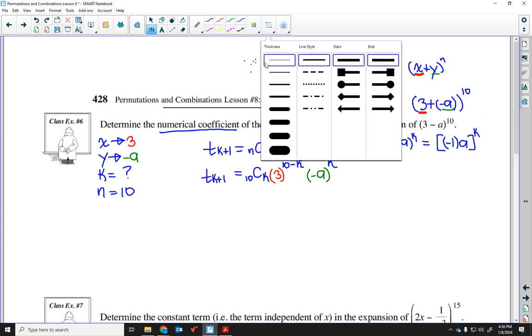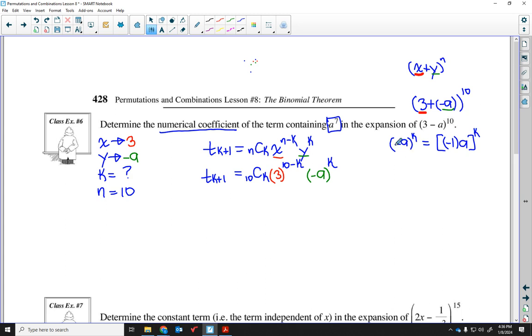The reason I'm doing that is because I want to separate the negative from the a. So we'll bring the k here, and right there. Then I can write this as t sub k plus 1 is equal to 10 choose k, then 3 to the power of 10 minus k, and then I can separate this one apart: negative 1 to the power of k, and then a to the power of k.